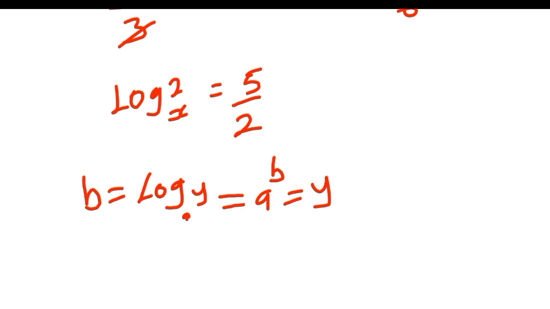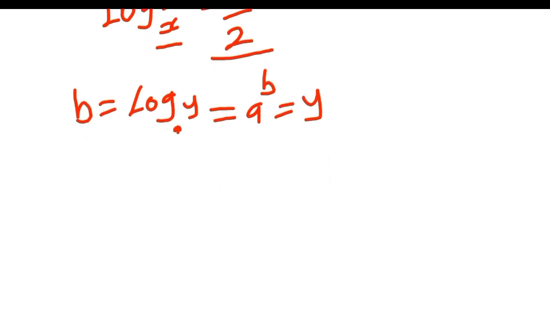And here we have that our b is equal to 5 all over 6, our y is equal to 2, and our a, which is the base, is equal to x. Now when we substitute that into this law, we have that our a, which is x, raised to the power of 5 all over 6, which is our b, is equal to 2, which is the value of our y.